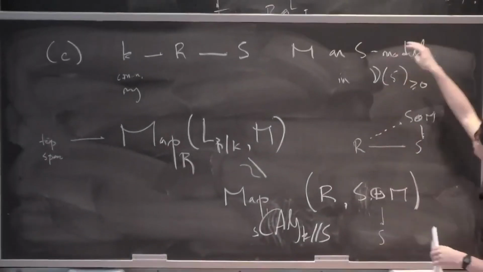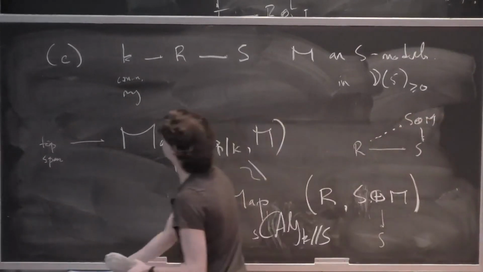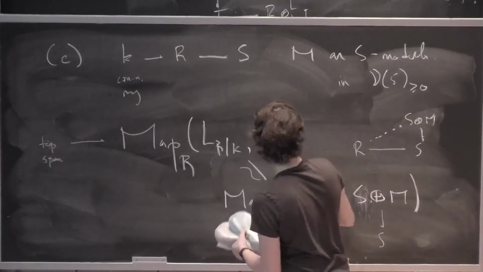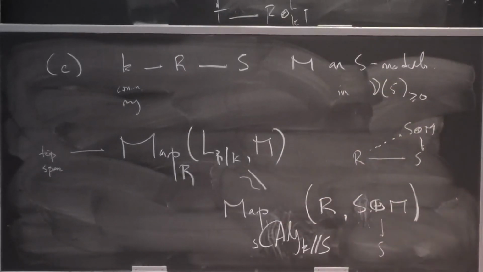These are basic facts, if you like, and you can really use just this mapping space property. You have to think a little bit about what it means to compute maps in a comma category. But that's a little exercise itself.